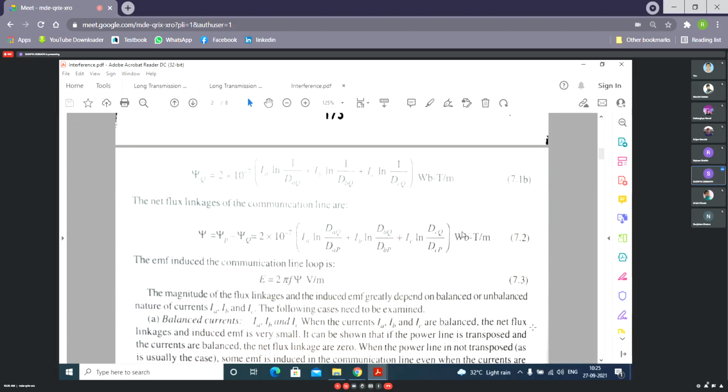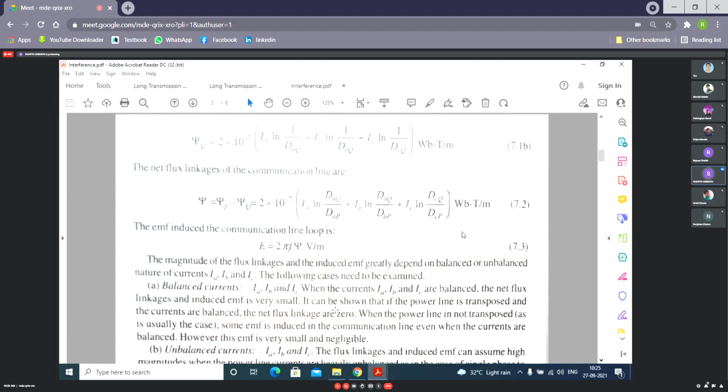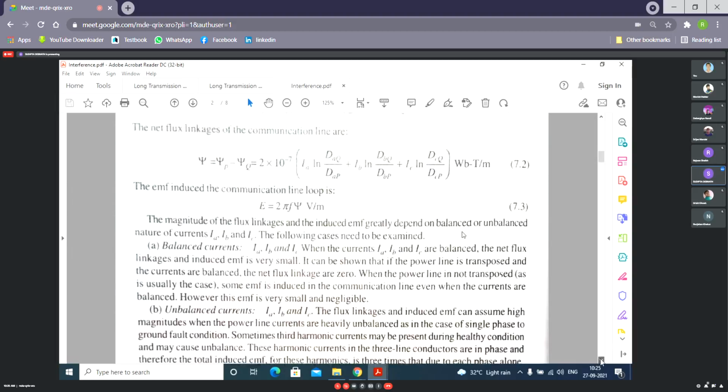When the currents are balanced, the net flux linkage and induced EMF are very small. It can be shown that if the power line is transposed and the current is balanced, the net flux linkage is zero. When the power line is not transposed, some EMF is induced in the communication line even if the current is balanced, because of the asymmetrical spacing.